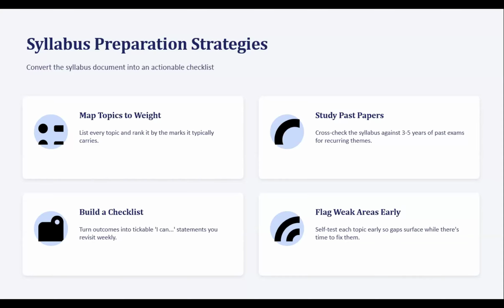So in that learning outcome, ask yourself, am I able to do this, or am I competent enough to execute what is expected in this learning outcome? So that is the checklist I want you to build.